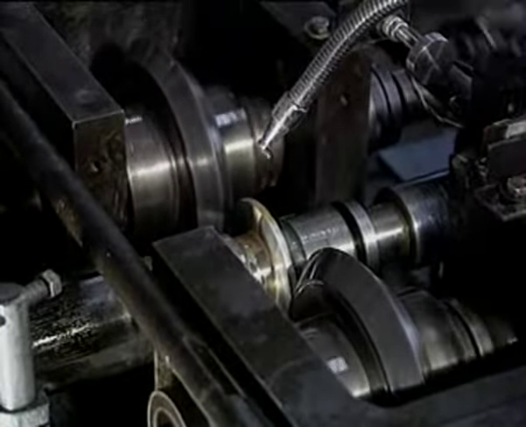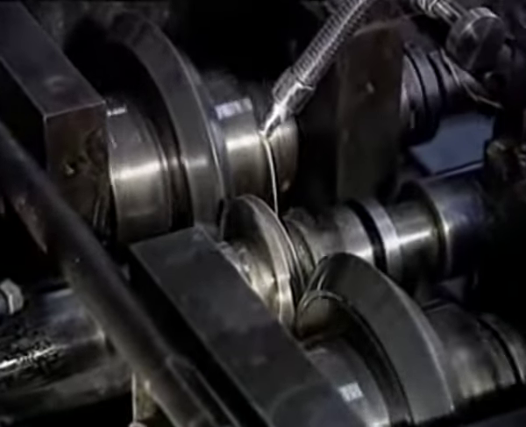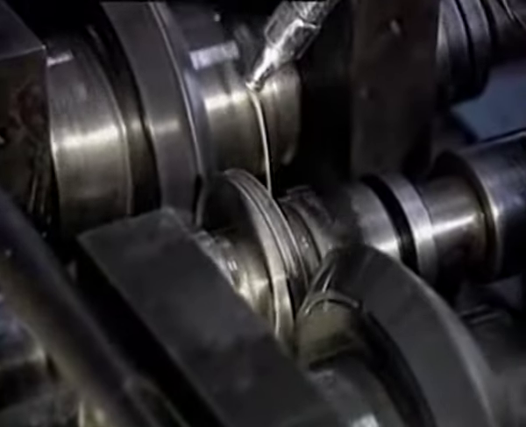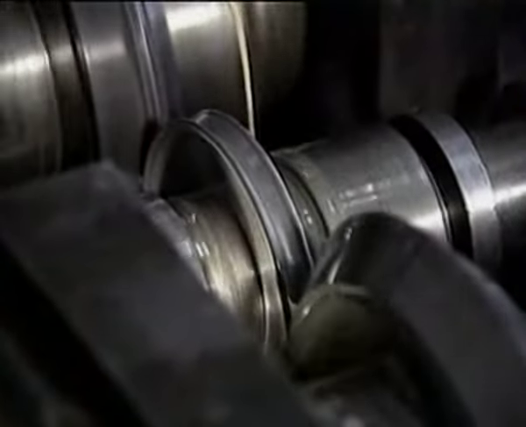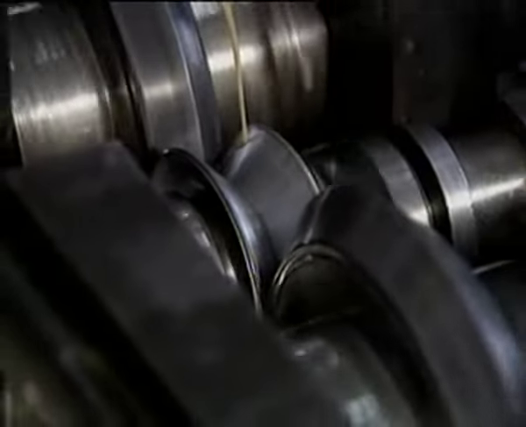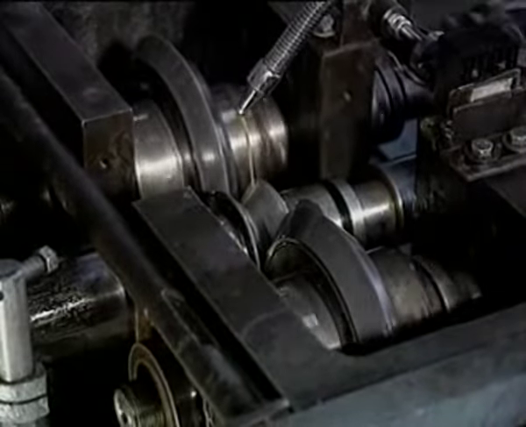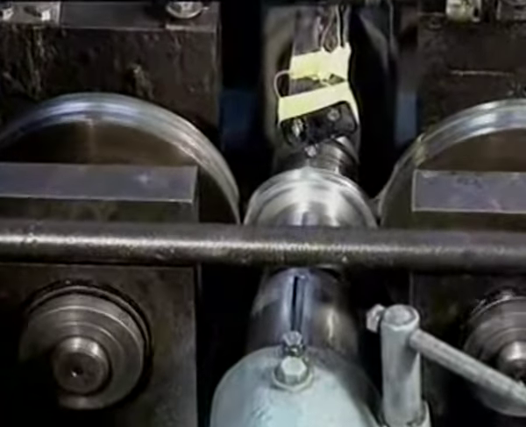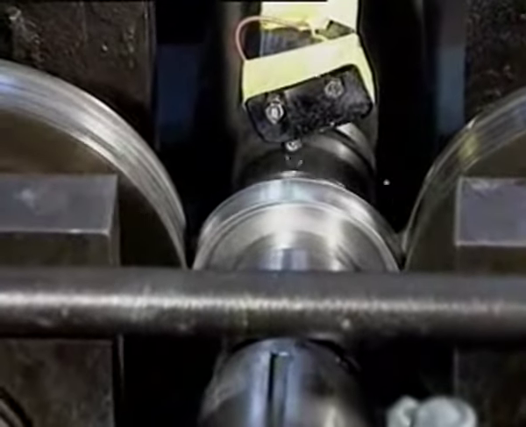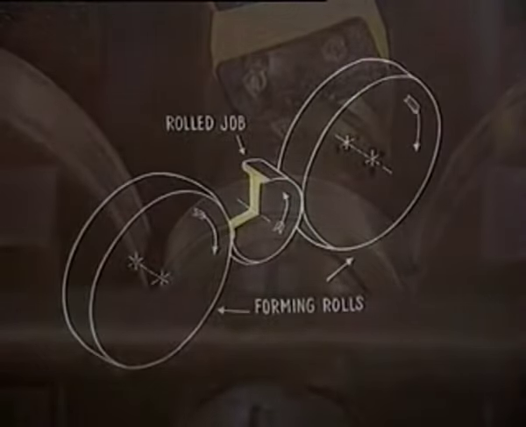In this process, the forming rolls are rotating in the same direction and the flow of material is either radial or the flow of material is along the axis of the job, which is also parallel to the axis of the forming rolls.